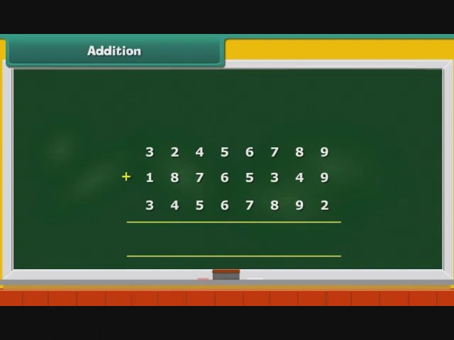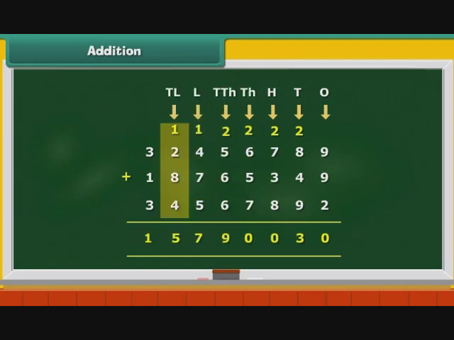Add the numbers. Start with the digits at the ones place. Then proceed to tens place, hundreds place, and so on. The sum is 85790030. Let us now look at a word problem of addition.